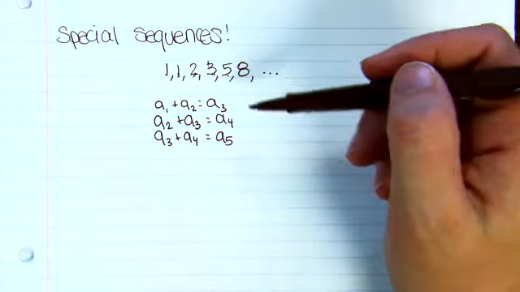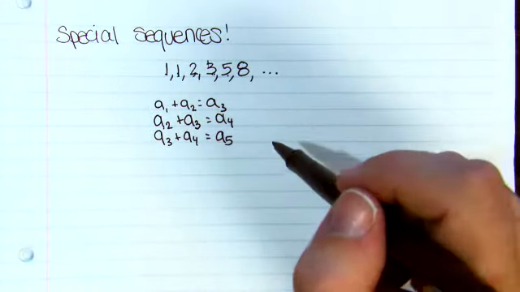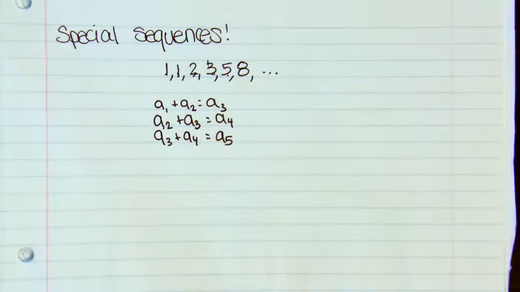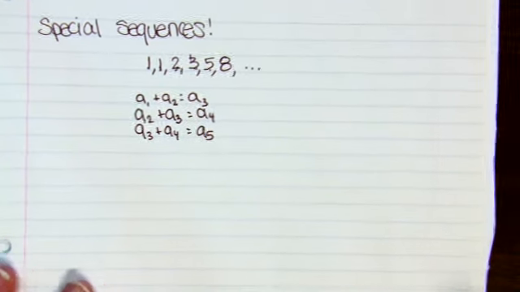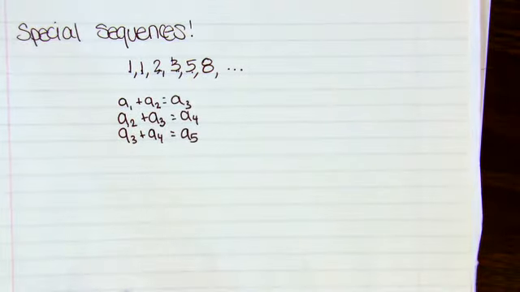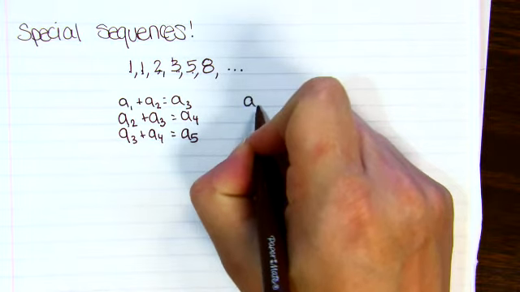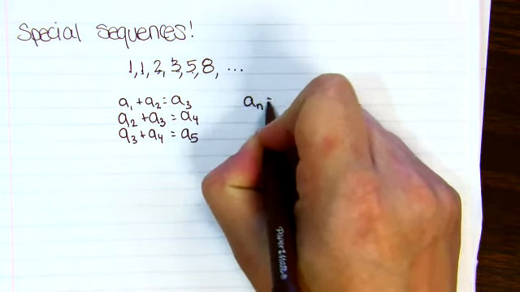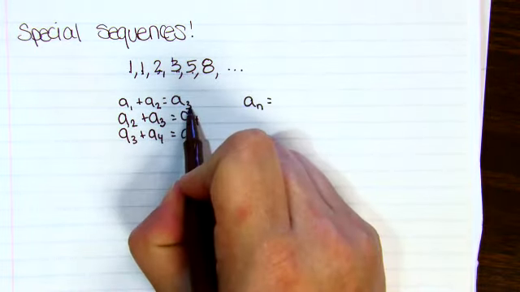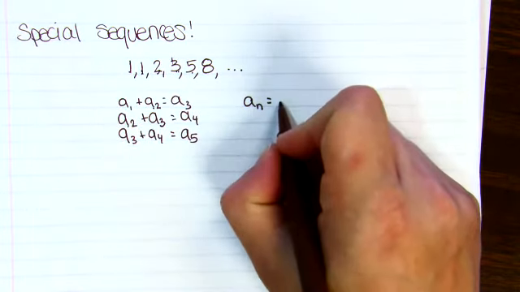So what's happening here is we can't really come up with an explicit formula for this. There are a couple of sequences out there that just don't have easy explicit formulas. But what we can do is come up with a recursive formula. So a sub n, if I wanted the third term, I took the term before and the term before that.